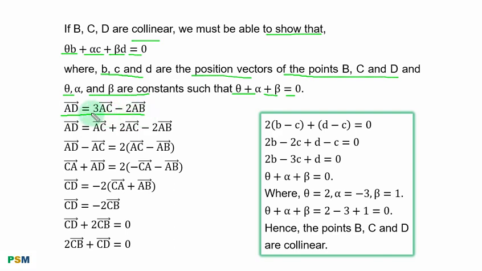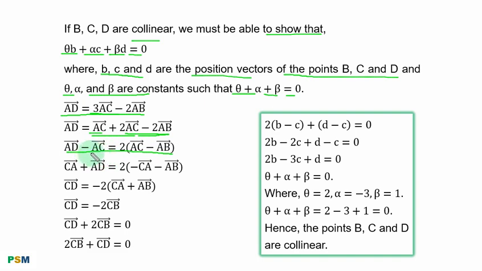We can write 3 times vector AC in this form, so that from here we can factor out 2, then we transfer this to the left, we have it in this form.